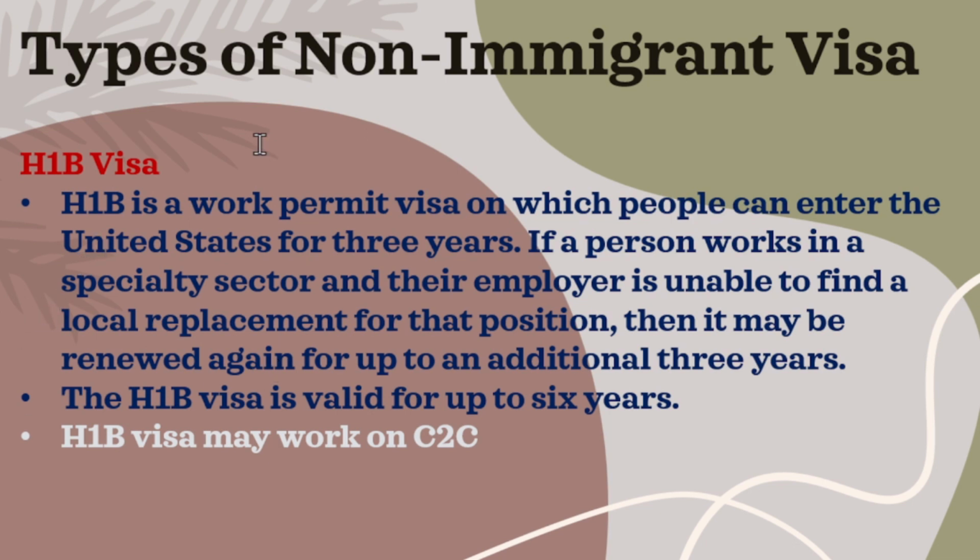H1B is a work permit visa on which people can enter the United States for 3 years, then it may be renewed for up to an additional 3 years. So the H1B visa is valid for up to 6 years, and an H1B visa holder may work corp to corp.